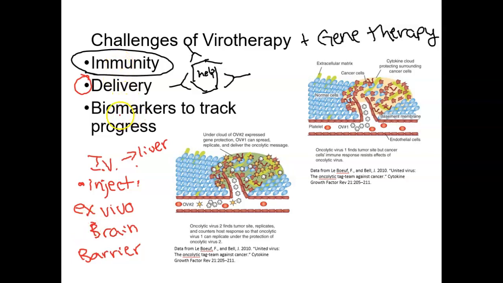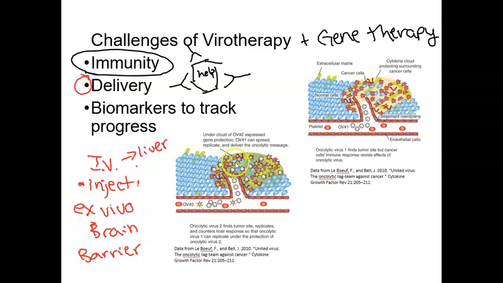You can use biomarkers to track the progress of delivery or infection. Biomarkers might be something fluorescent, for example, but often if you're tracking the progress of the tumor, you're looking for the tumor to shrink. So sometimes to counteract the host immune response, you can try to combine viruses.